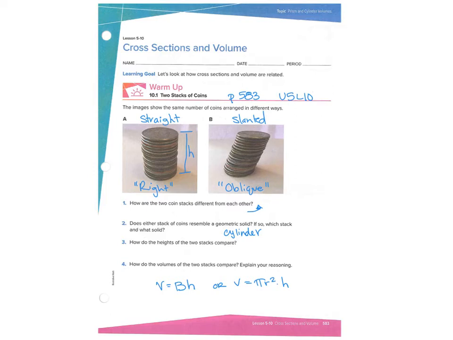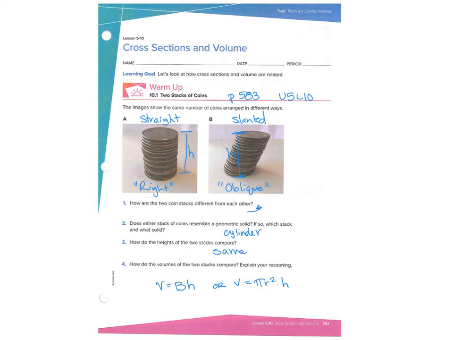When I push it over, I haven't actually made it shorter. The actual height of this stack is still the same 16 quarters tall. The stack itself is just slanted, but as far as the actual height, it would still have the same height.